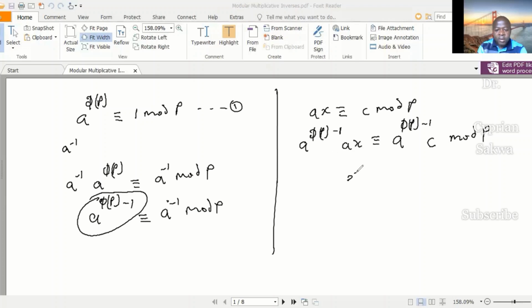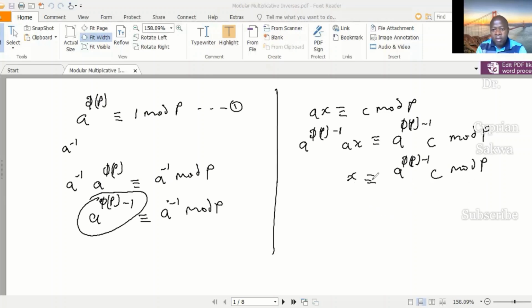And so the result on the left side is that X is congruent to A raised to phi of P minus 1 multiplied by C mod P. So this is how we will be finding X.